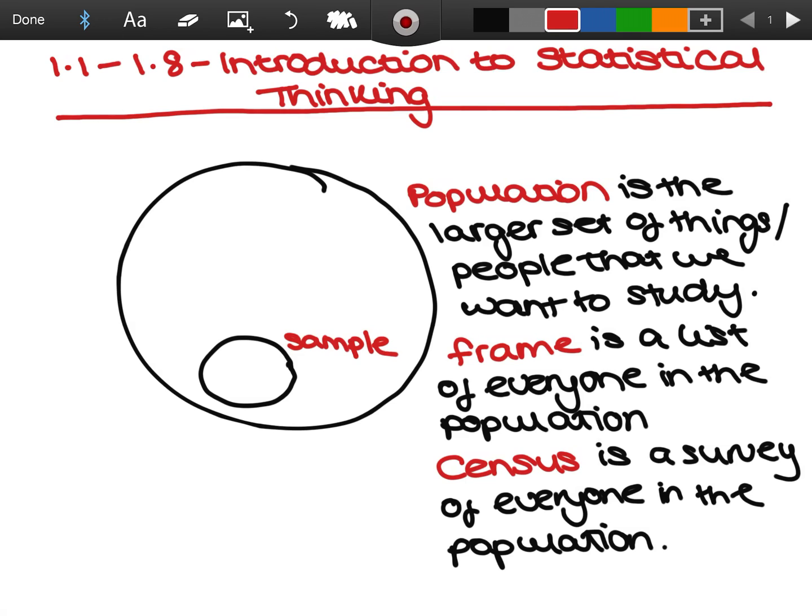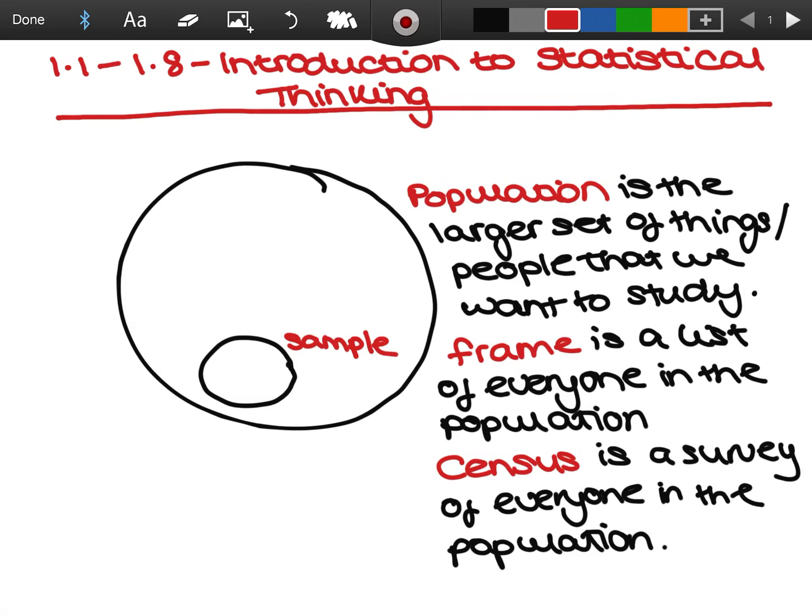So I would take a census of a population in order to find out a particular fact about the population. So I could take a census on the population of all the people in the US to find out how many of them were brunette. So a census is just a survey.